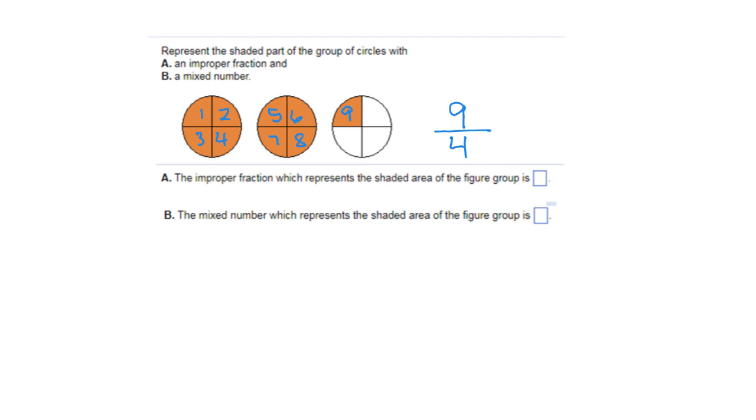So this leaves you with 9/4, your improper fraction, as your answer here. Now remember, for an improper fraction, you have your numerator, which is greater than your denominator. That will give you an improper fraction.